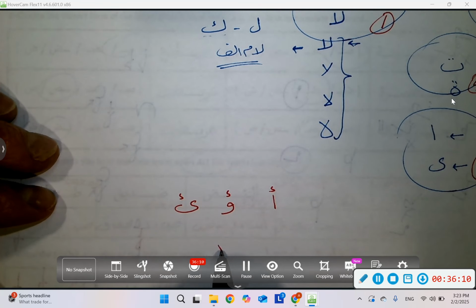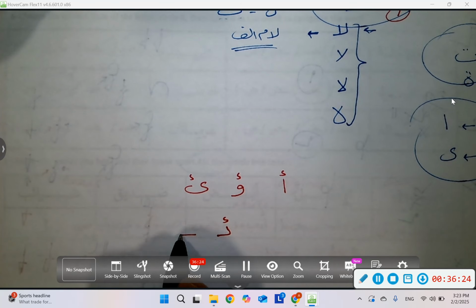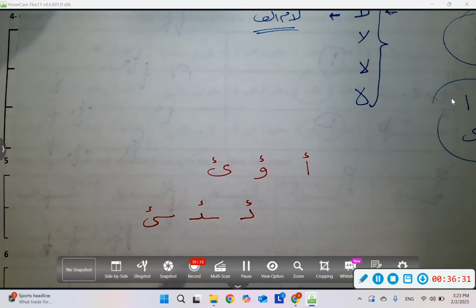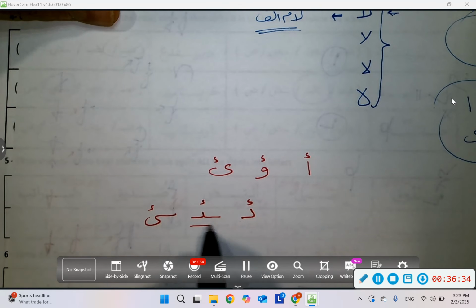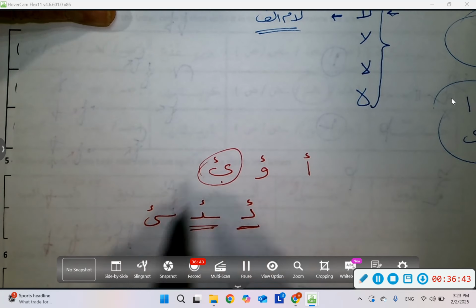If it's not connected from before, it's written like this. And if it's connected from both sides, it's written like this. And when it's at the end of the word, it's like this. So the original shape of this is this, and the original shape of this is this.